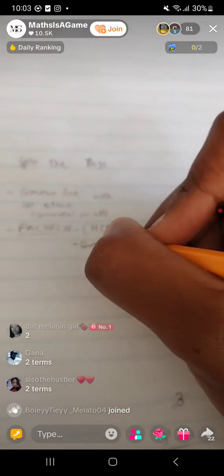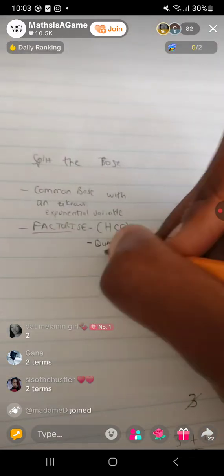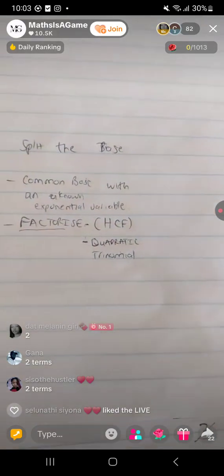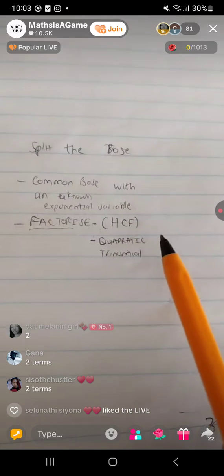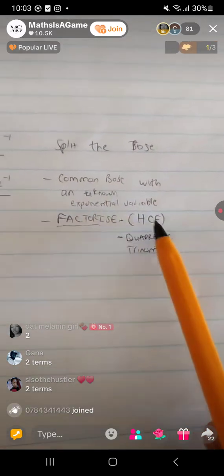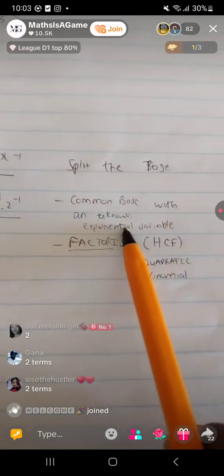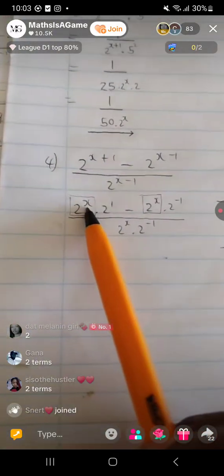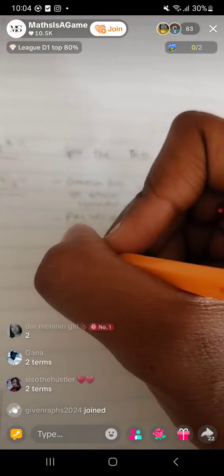In a situation where we can see that this is a quadratic trinomial, we are going to be looking at such an example very soon. So here, this one has a highest common factor, which is the common base with the unknown exponential variable, that 2 to the power x. So what do we do?